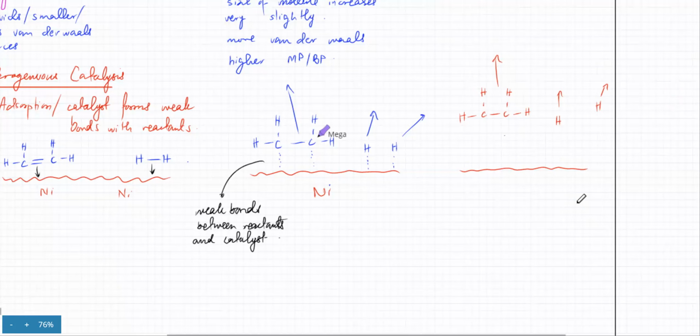So this final step is desorption. Remember, this could be asked as desorption. Weak bonds between reactants and catalysts start to break.